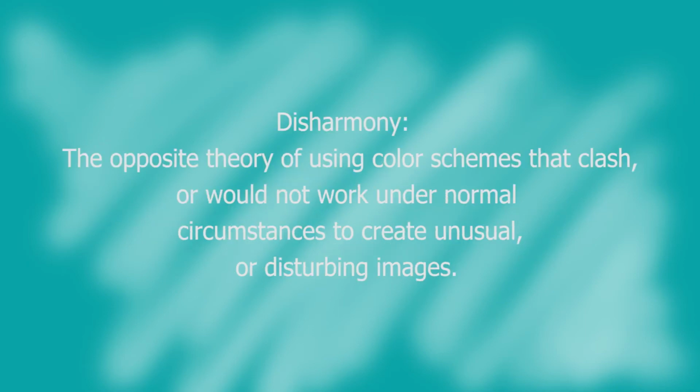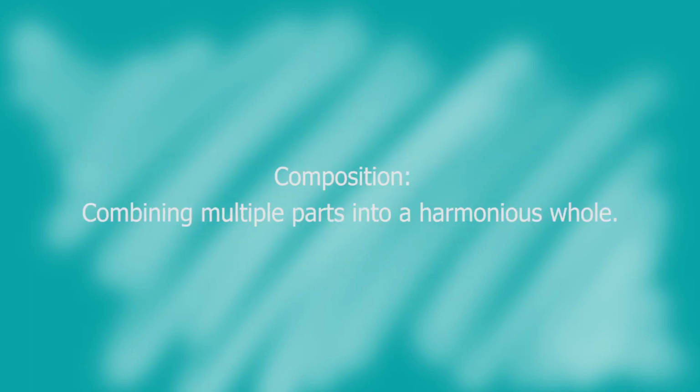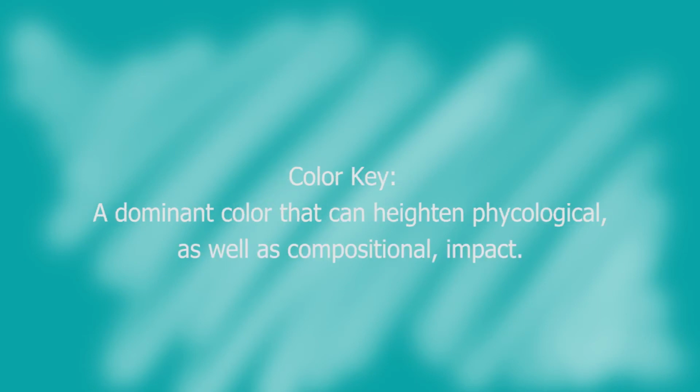Disharmony, the opposite theory of using color schemes that clash or would not work under normal circumstances to create unusual or disturbing images. Composition, combining multiple parts into a harmonious whole. Color key, a dominant color that can heighten psychological as well as compositional impact.